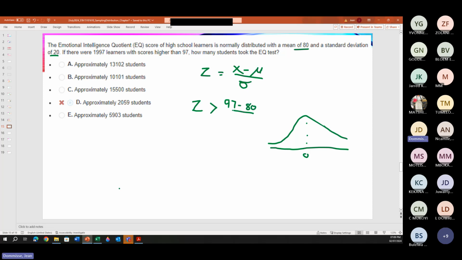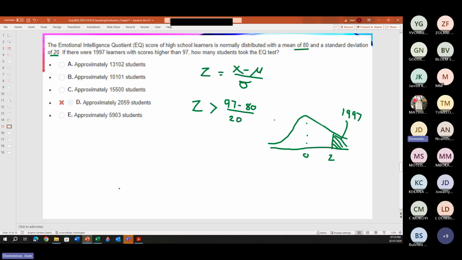When we work out this probability, if we get the Z here, the probability that we get because of the Z will be equal to 1,997 students. Then we basically need to say 1997 divided by that probability to get the total.